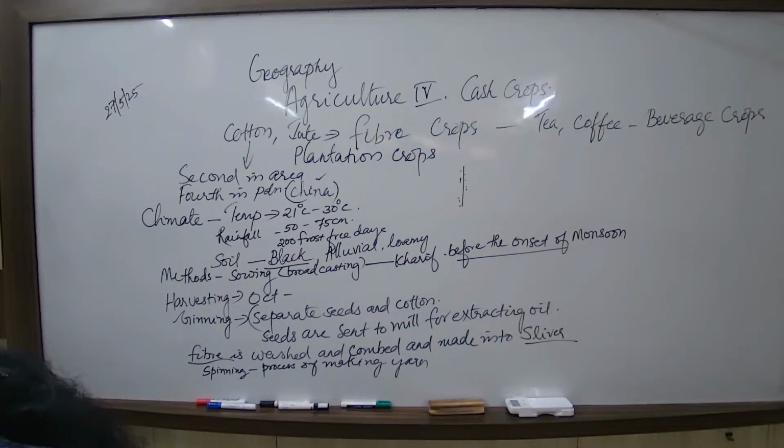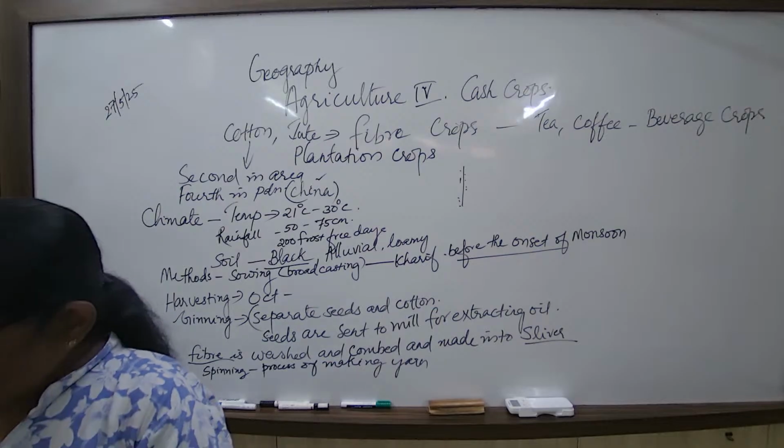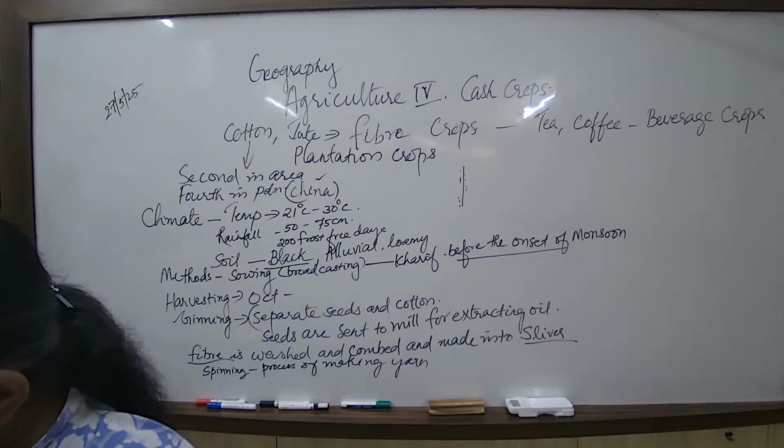Got it? If it is asked for 2 major producers, if you are writing Punjab, Haryana, that answer is not so correct. You have to write black soil region, which are Gujarat and Maharashtra. Got it? Now shall we move to the next crop, jute?